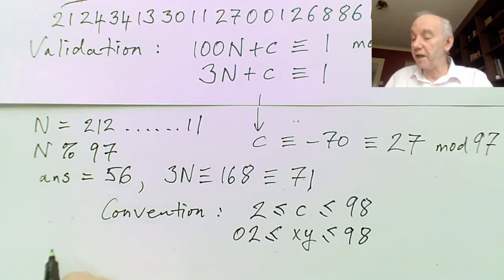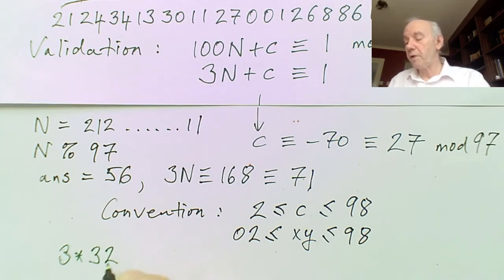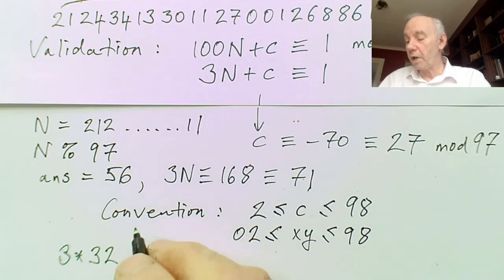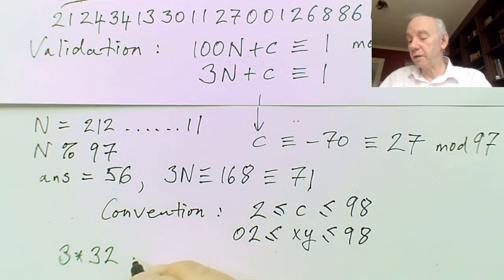So 3 times 32, that would be minus 1 mod 97.